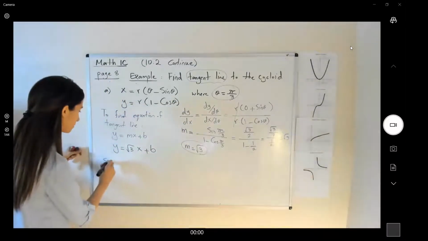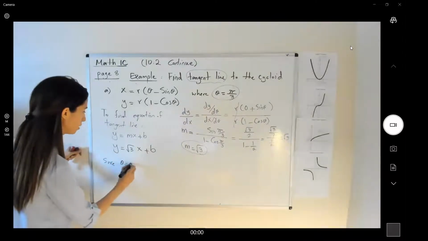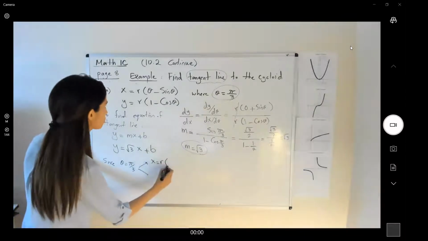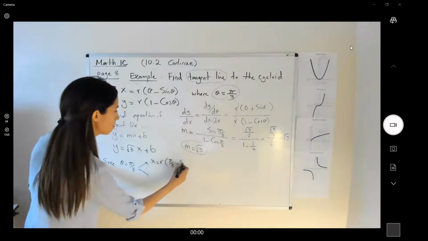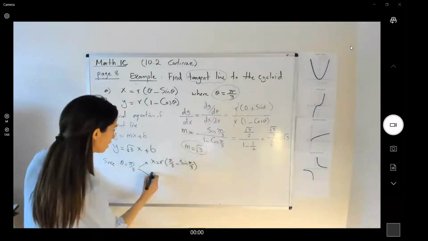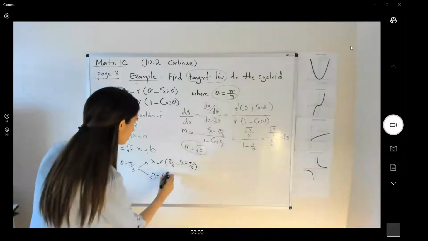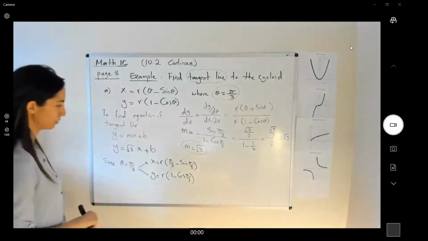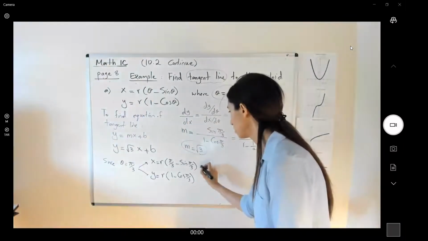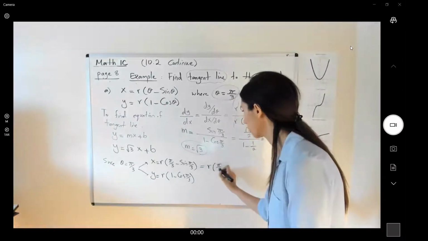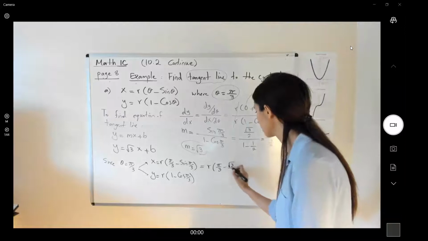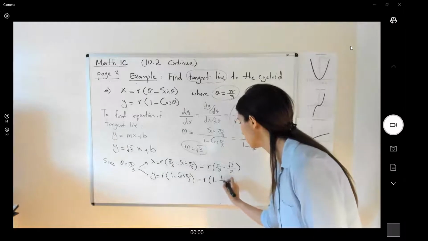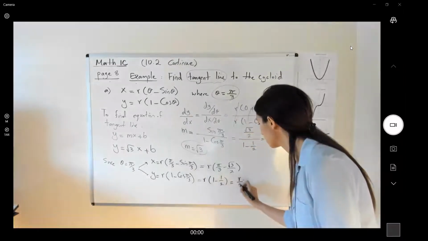So since theta is pi over 3, your x is r times pi over 3 minus sine pi over 3, and your y is equal to r times 1 minus cosine of pi over 3. So your x is equal to r times pi over 3 minus square root of 3 divided by 2, and your y is r times 1 minus a half, or r divided by 2.